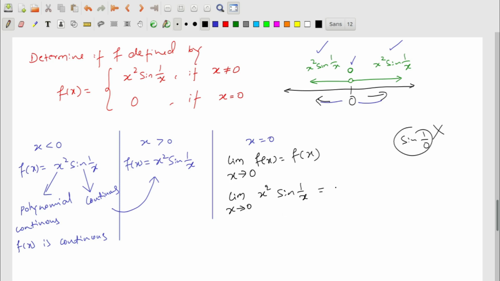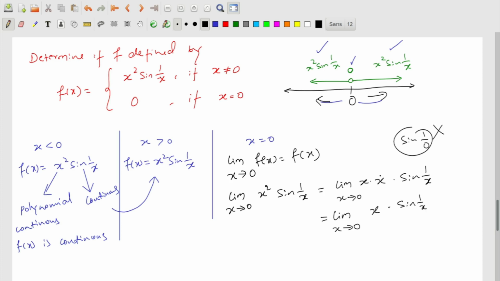So now the same expression can be written as follows. I will write this x square as x into x, and then we have sine of 1 by x, right? So again, limit x tends to 0, I will keep this one x here as it is, and I will keep this sine of 1 by x as it is.